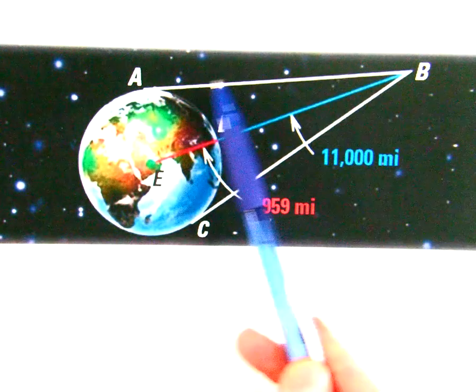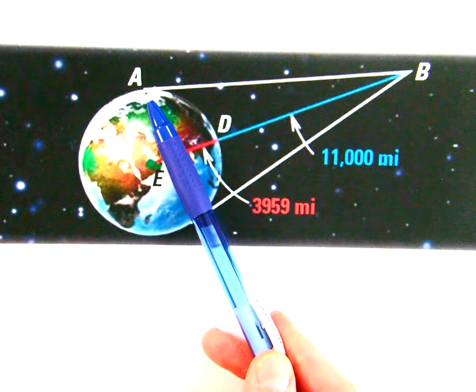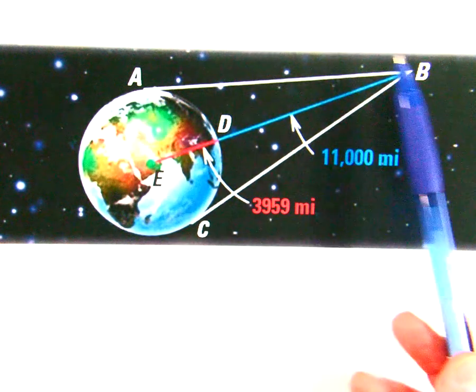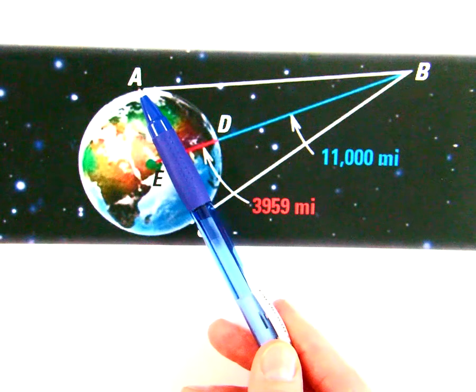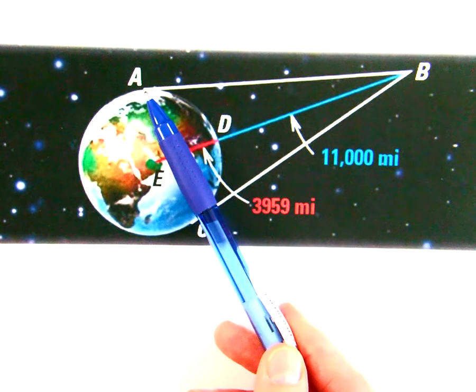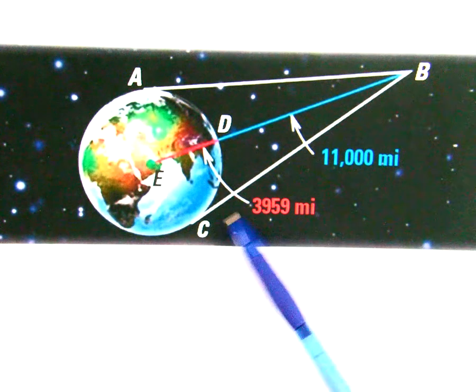So from B to A, the point at which you can stop seeing the Earth, that you can't see around the curve, the line of sight, the light that passes to your eye from there, forms a straight line, and it is tangent. It touches only at that point, right where the curve happens. Same deal down here.